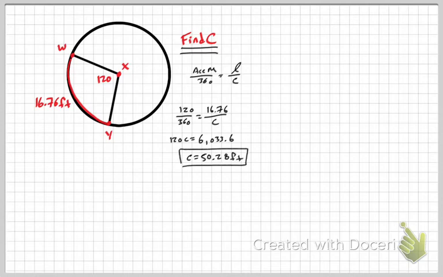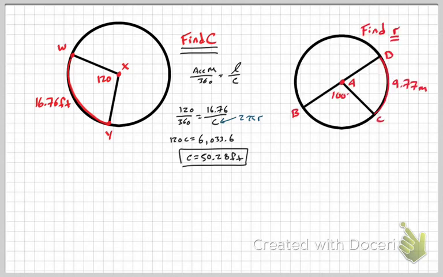And again, the difference would be if they asked us to find the radius, I would just substitute in 2 pi r for that right there. So then I would do 120 times 2, whatever that is, times 3.14. So it'd be that amount times r equals 6,033.6. And then I would just get r by itself. Just like this problem here.